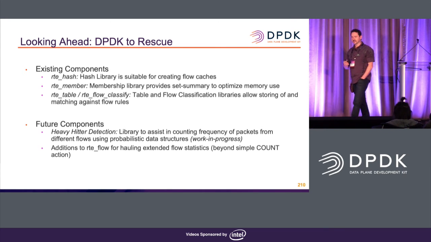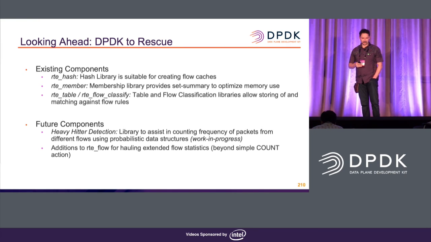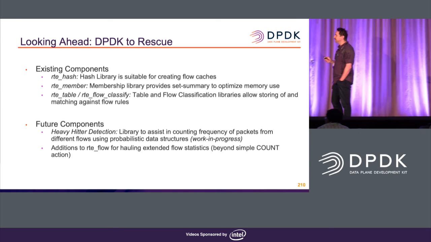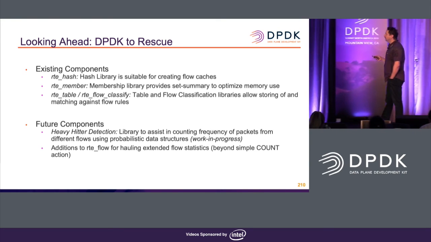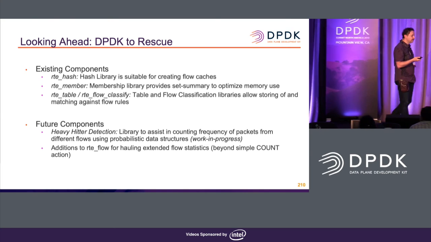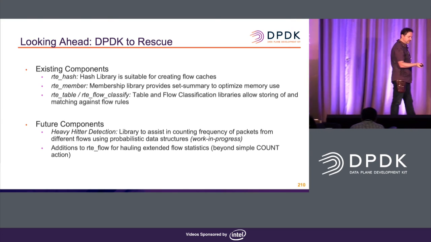It's kind of like a counting Bloom filter membership situation. And the RTE table and RTE flow classify APIs give you good means to create a flow table with rules that you can match against. These are components that are useful.